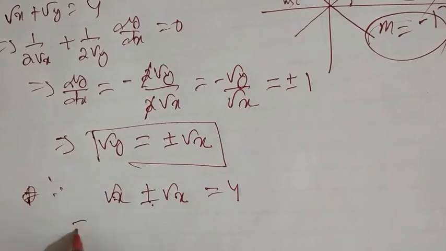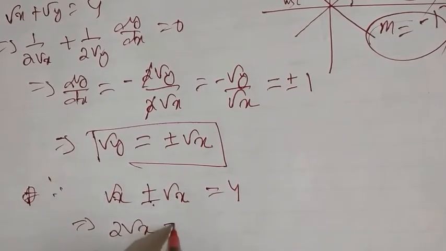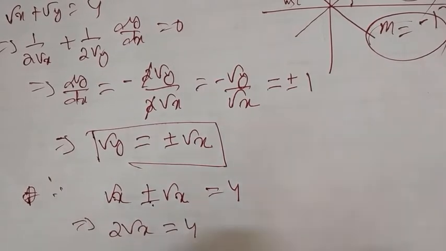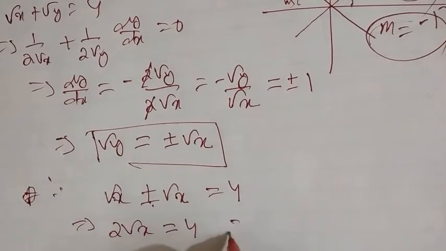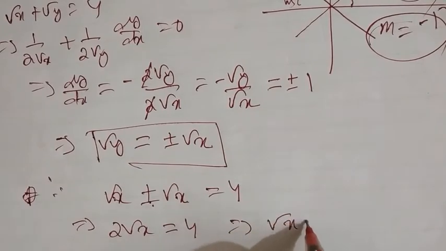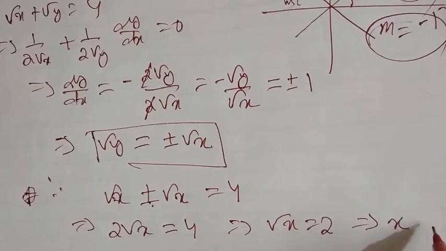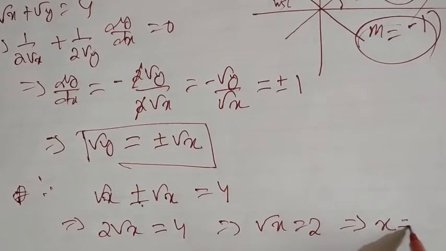So obviously I get 2 root x is 4. Getting the idea? Okay? Is it making sense? So what is root x? It is 2. Okay? So what is x? It is 4.